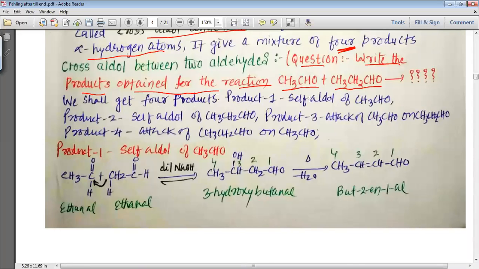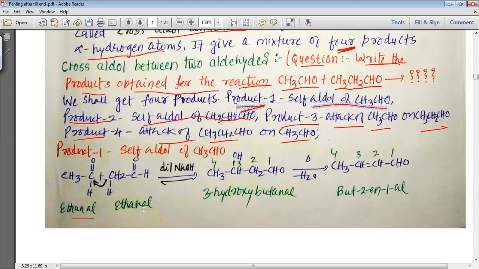The first product is the self-aldol of ethanal. The second product is the self-aldol product of propanal. The third product is the attack of ethanal on propanal. And the fourth product is the attack of propanal on ethanal. So let us understand these products one by one.